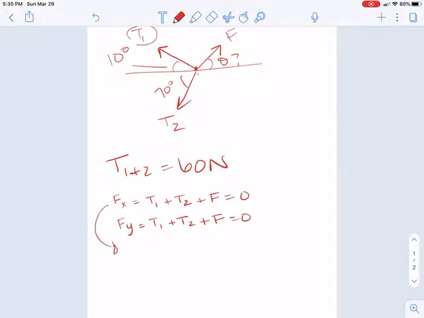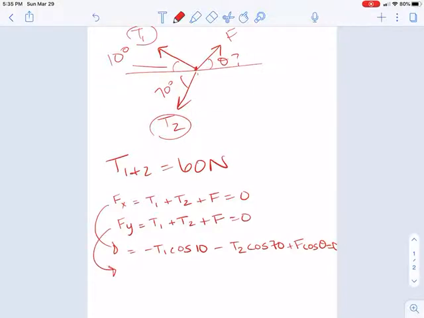So when we're plugging in actual values, we do negative tension 1 cosine 10, because we're doing the x and it is adjacent to the x-axis there, minus tension 2, we're still in the negative x here, cosine 70, and our force is actually positive. And we have no idea what that angle is. It's equal to 0.